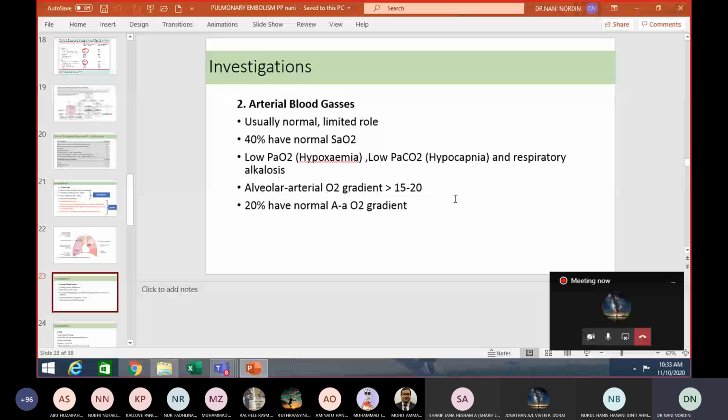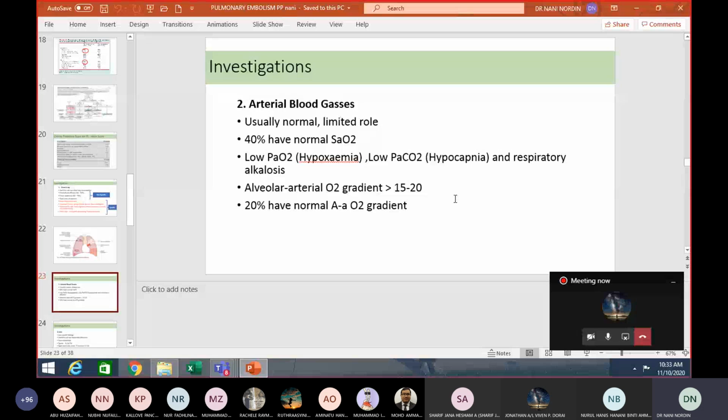Because alveolar oxygen is always a lot more than your arterial oxygen. So usually in PE it's high, which is about 15 to 20.